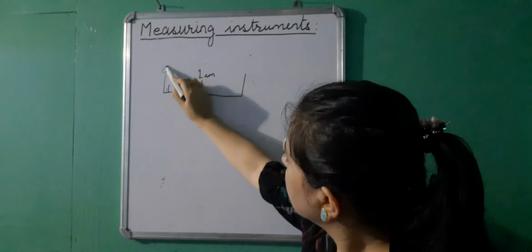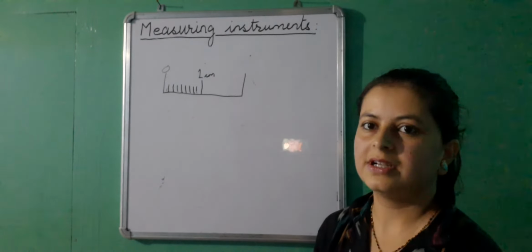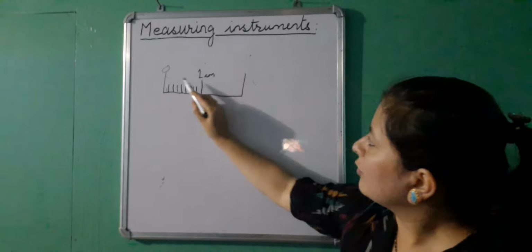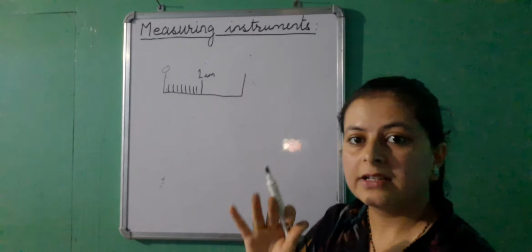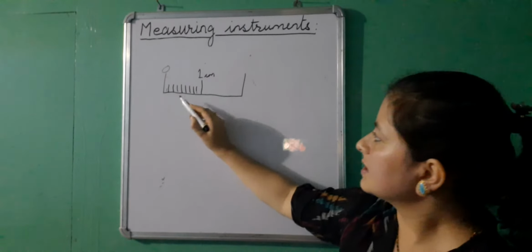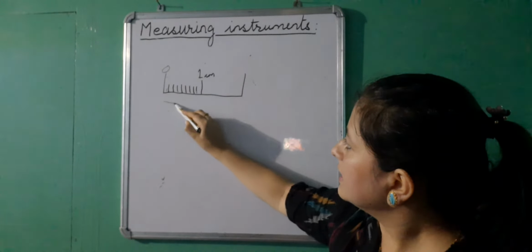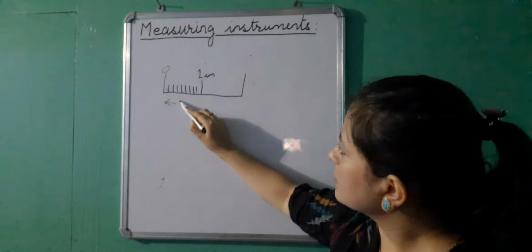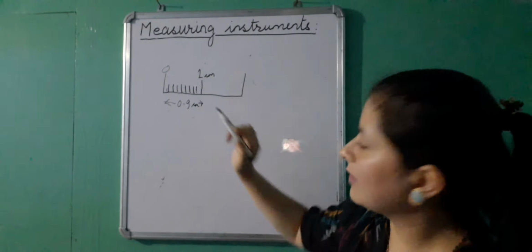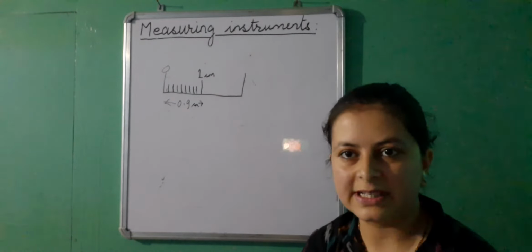This is 0 and here it is 1 centimeter. Now here it contains an error. The reason is, between 0 and 1 centimeter there should have been actually 10 divisions, but here we have just 9 divisions. That means this is not 1 centimeter, this is only 0.9 centimeter. So here itself we have got an error because of the instrument itself.